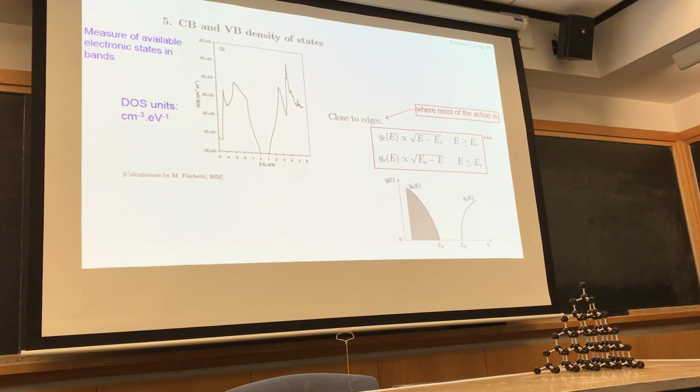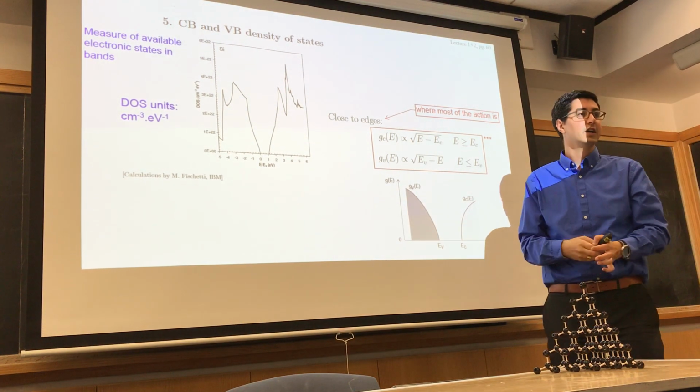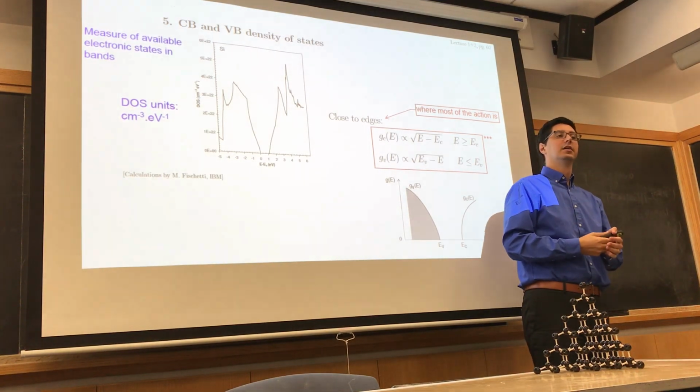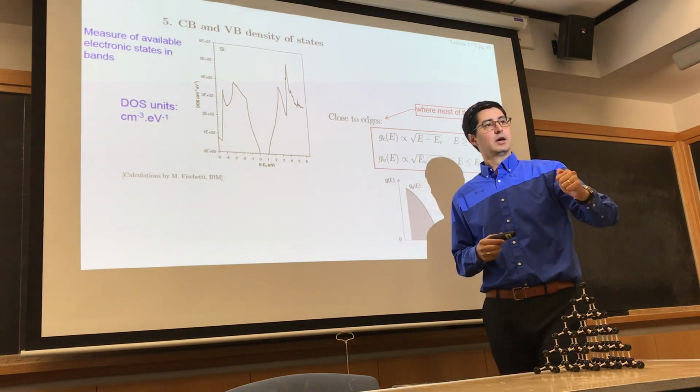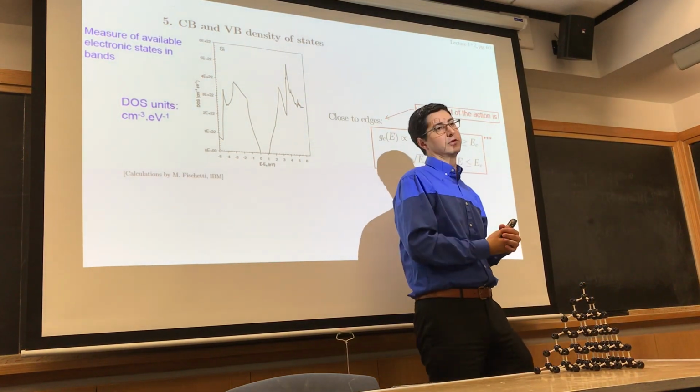So every kT, if I increase E by kT, my argument becomes one more negative. So it goes from e to the minus n to e to the minus n plus 1. So it decays by a factor of e. For every kT I go in energy, my probability decays by a factor of e.